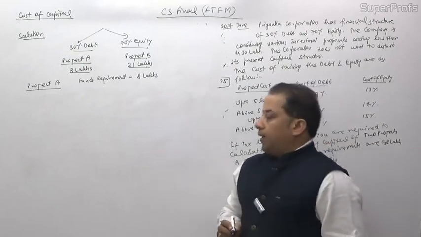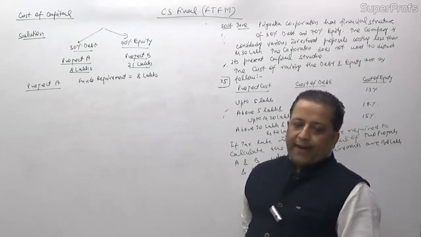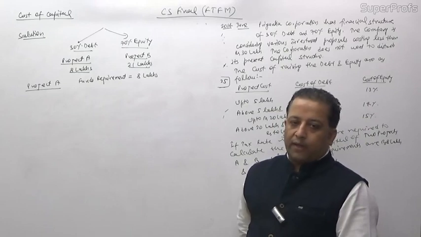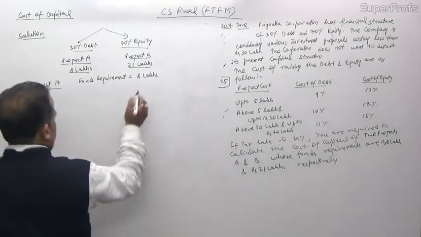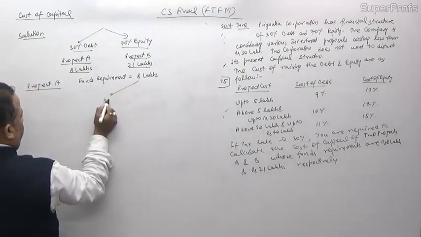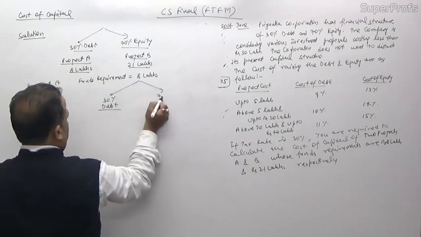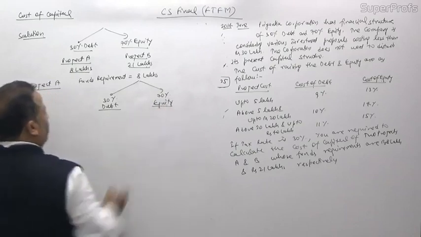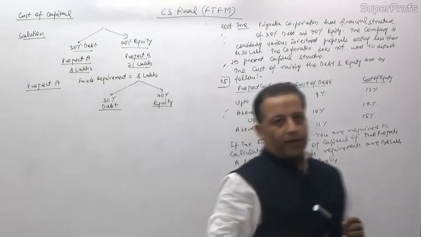And as given in the question, 30% is borrowed as debt and 70% as equity. So out of 8 lakh rupees, 30% is the amount of debt and 70% is the amount of equity.